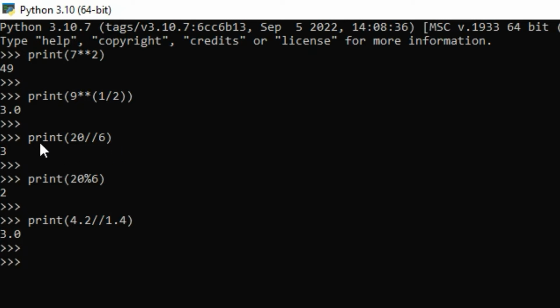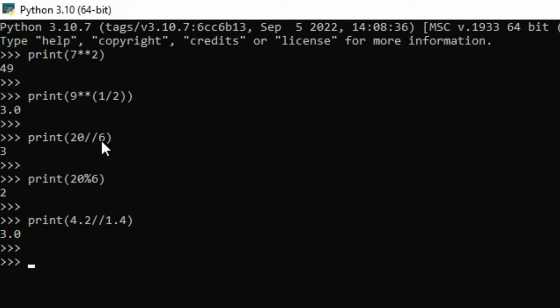Let's go down here, and right here, this is called floor division. You see down here, it says print 20 double slash 6. You might think it could be a regular division. If it was just division, it would be 20 divided by 6, and it would be 3 point something, right?